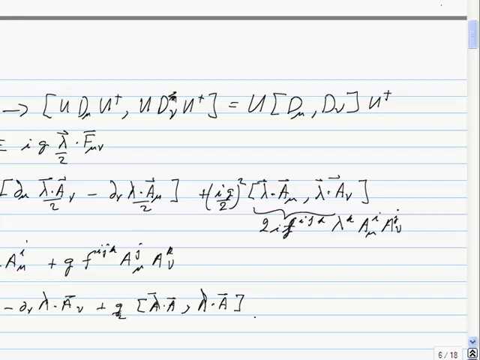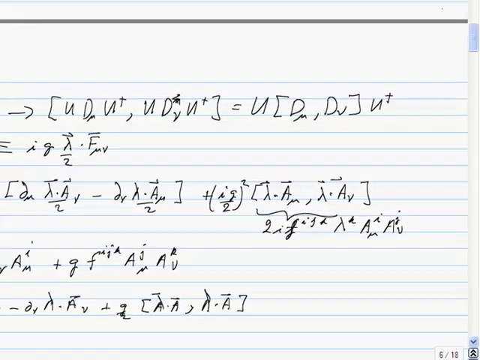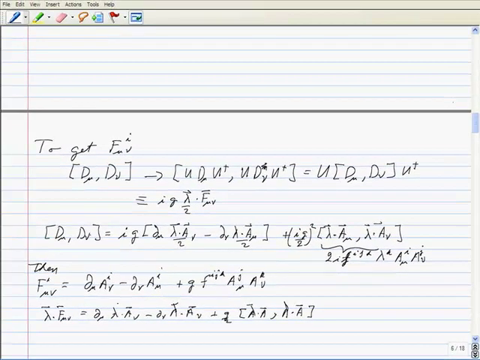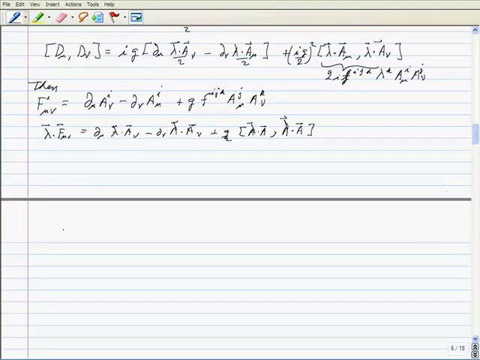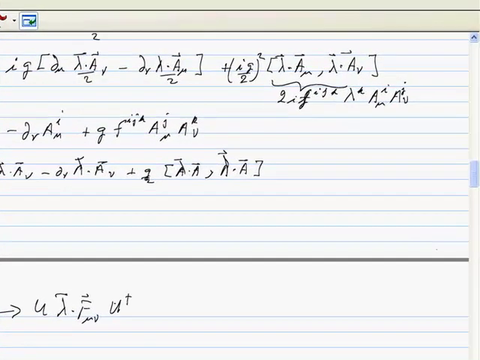Unfortunately, if we didn't have to write those λ·A's all the time, it'd be nice, simple notation. We do that in the book, but I can't write boldface here. But the key feature is that the transformation property is λ·F goes to U λ·F U†.